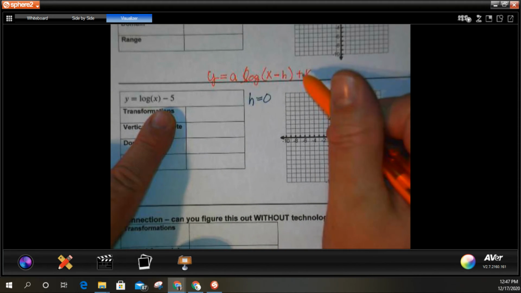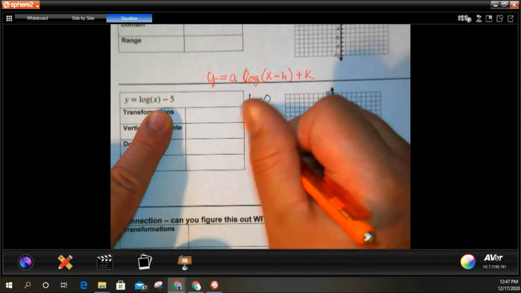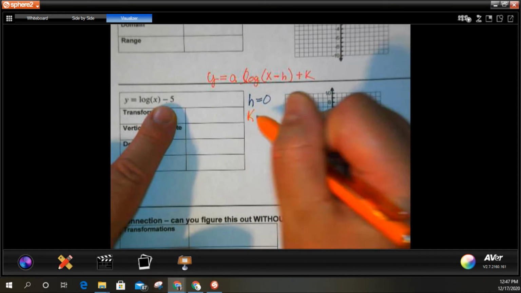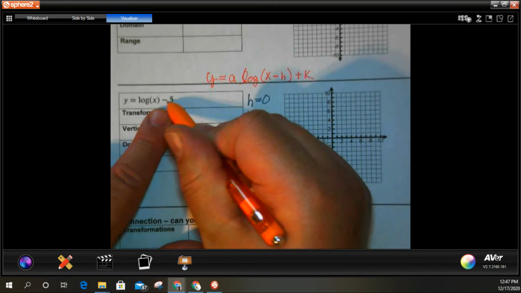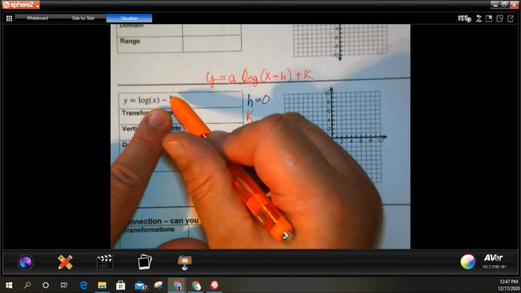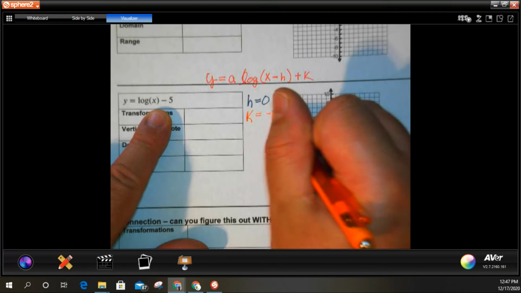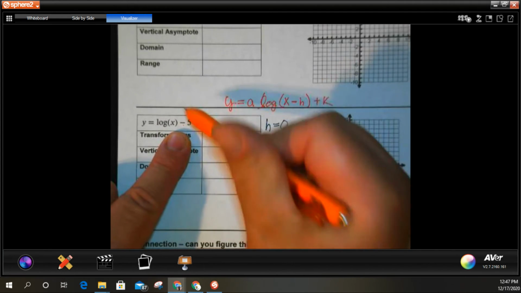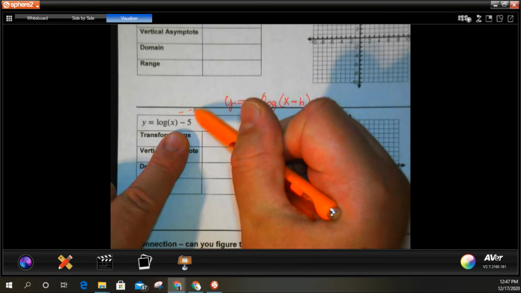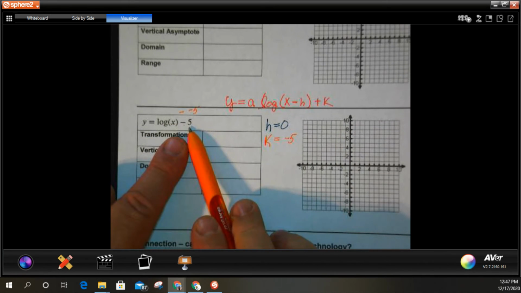If this was a plus sign, it would be positive 5. But because this is a minus sign, my k has to be negative 5. Because then I would have a minus negative 5, which would give me my plus sign. So this is technically a negative 5. Okay, what else do I need? That's it.